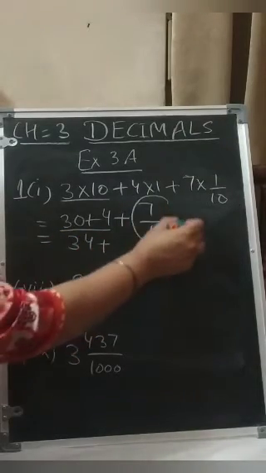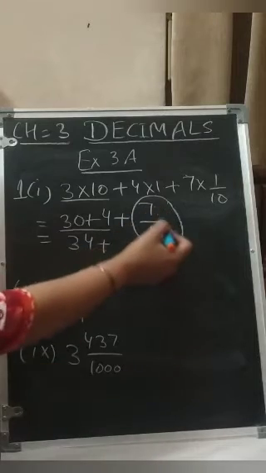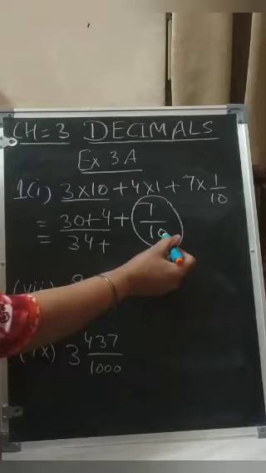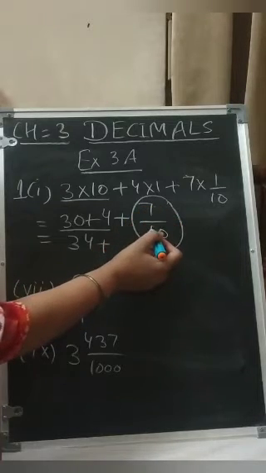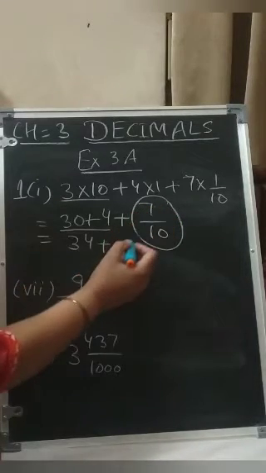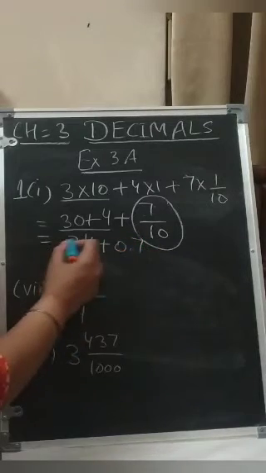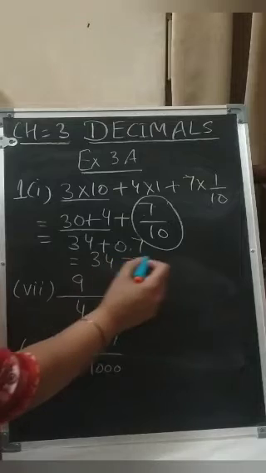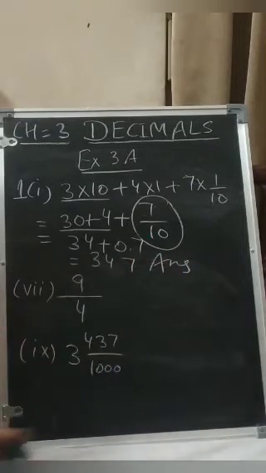Now this is the fractional part and we have to change it into decimals. Now you know how to change. 7 over 10 will change into a decimal and it will be 0.7. You will add both and it will be 34.7, and this will be our answer.